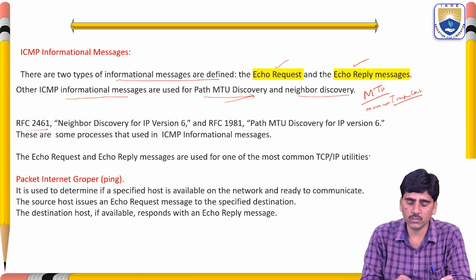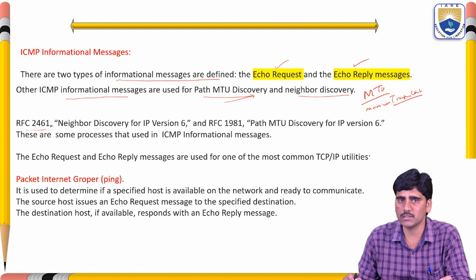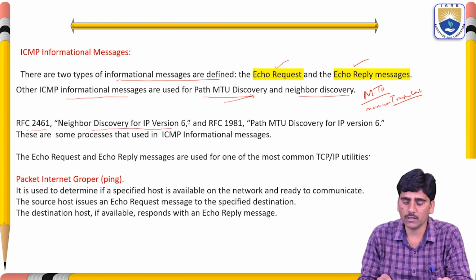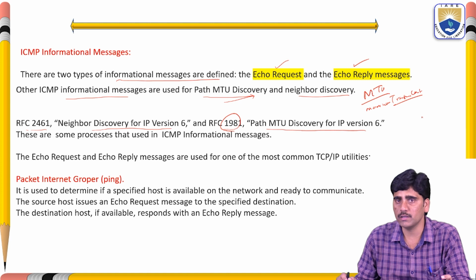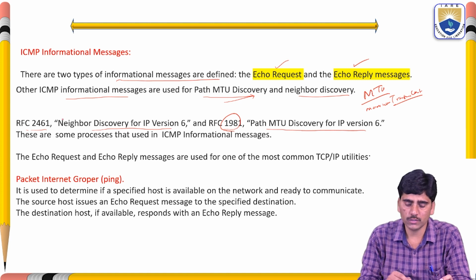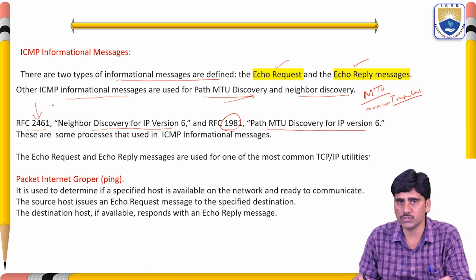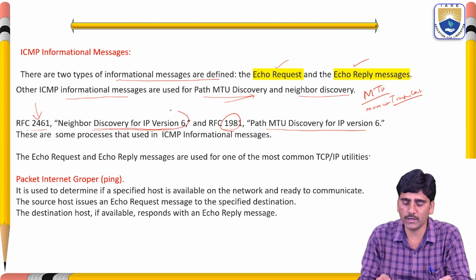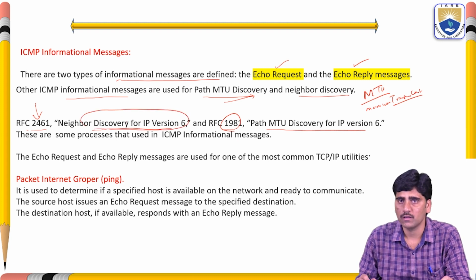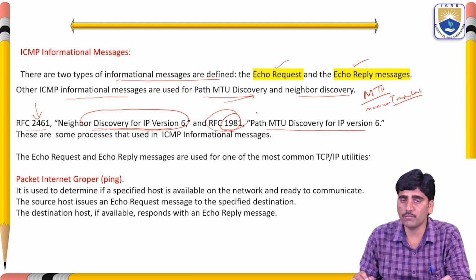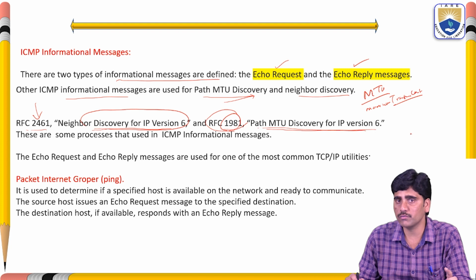RFC 2461, the Request for Comments 2461, is neighbor discovery for IPv6, and RFC 1981 is for path MTU discovery for IP version 6. So this is one type of informational message to identify the neighbor discovery for IPv6, and this is also one type of informational message to find the path MTU discovery for IP version 6.